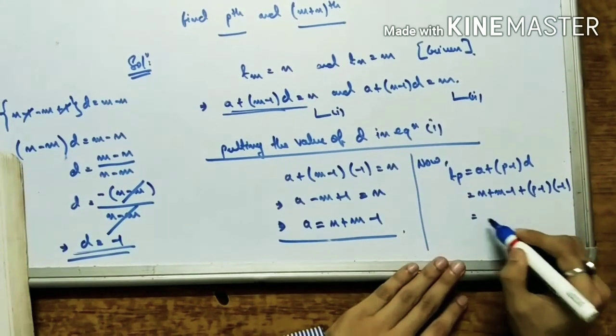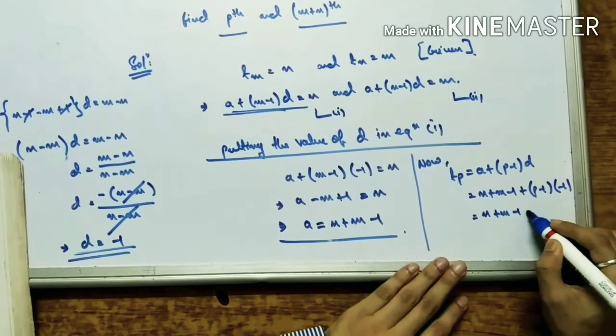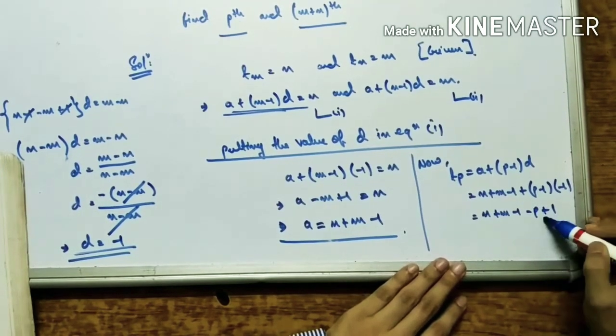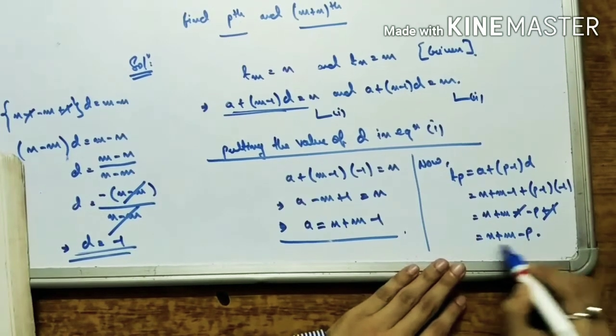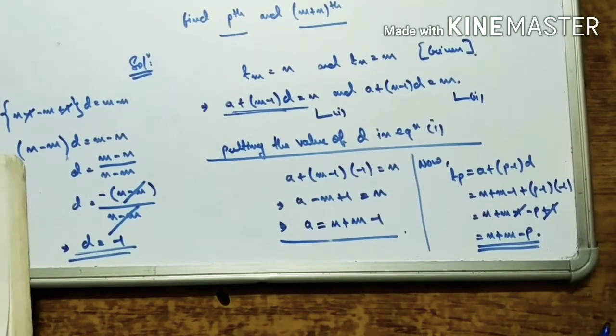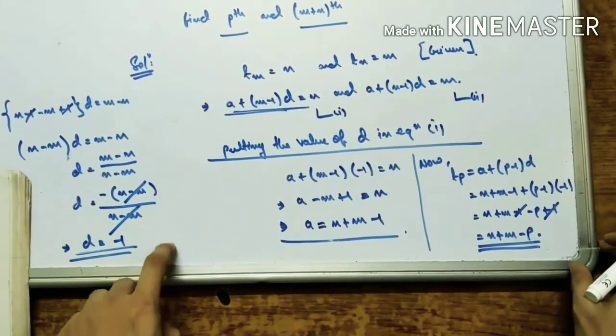Now if I solve this, I will get n plus m minus 1 minus p plus 1. The 1s cancel, and ultimately it is equal to n plus m minus p. This is our pth term.